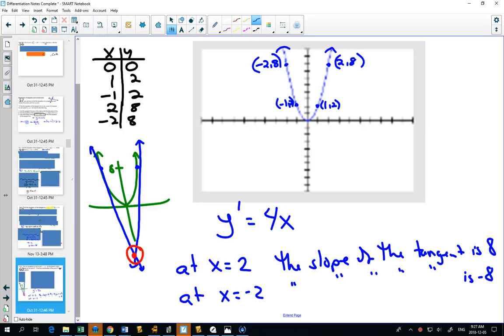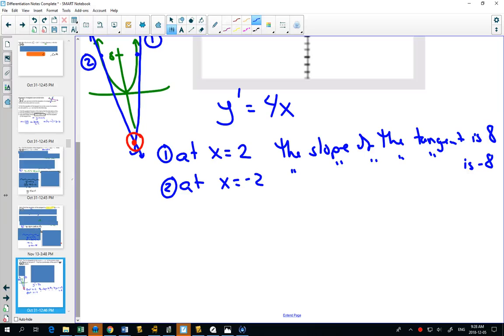I'm going to call this tangent line 1 and this one 2, just so that we can follow in our notes which one's which. So we have one with a slope of 8, one with a slope of negative 8. From here, if I want to do equation 1 in y equals mx plus b form, I know that my slope is 8.